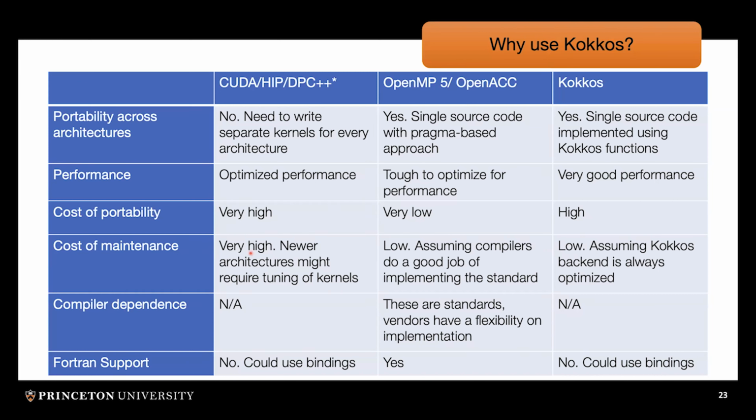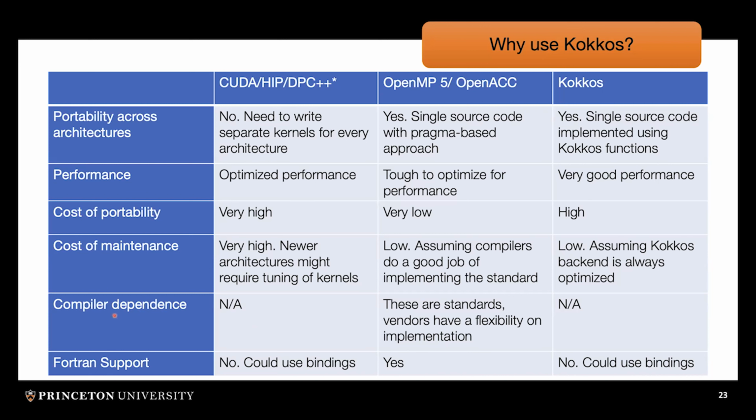The cost of maintenance, on the other hand, with CUDA, HIP, and DPC++ is still pretty high because with every newer architecture, you need to make sure that your kernels are optimized, or if they're not, you need to fine-tune them. With OpenMP5 and OpenACC, the cost of maintenance is very low because you're assuming that the compilers are doing a good job of implementing the standard. In terms of Kokkos, I'd say the cost of maintenance is very low, assuming that the Kokkos backend is always optimized for that architecture.